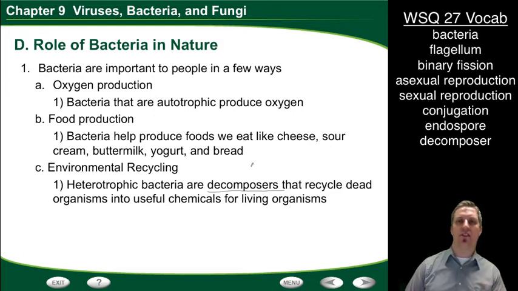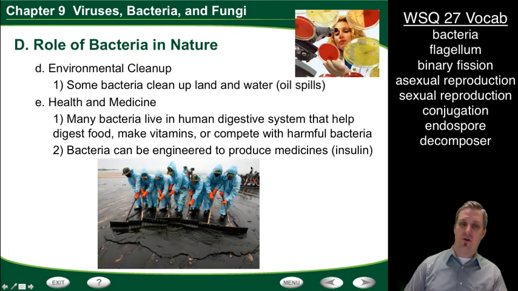Basically, they recycle the dead organisms in our environment and make them into useful chemicals for us as living organisms. Remember, if we didn't have the decomposers, then we would have dead stuff lying around all the time. And so bacteria are really important for that.